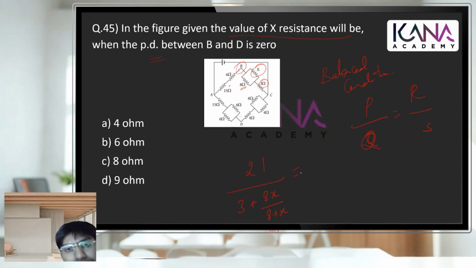This equals R by S, which is 15 plus 6 by 6 by 2. So it will be 18 on this side, and similarly on this side it will be 4. This will be equivalent to 2 ohms, and this will be 3 ohms. So 15 plus 3 is 18, and 4 plus 2 is 6.